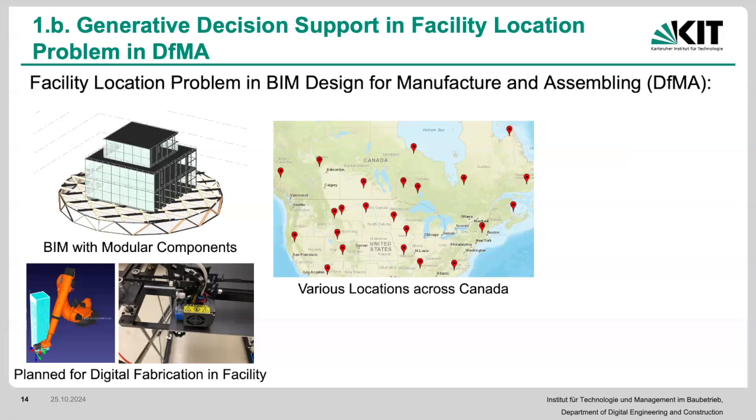Now we want to build some facilities so that we can assemble or manufacture these. You can actually have different levels of these. And we want to build exactly this in different locations. Here I put Canada, it could be Europe, it could be anywhere.